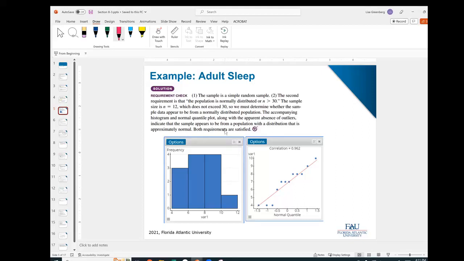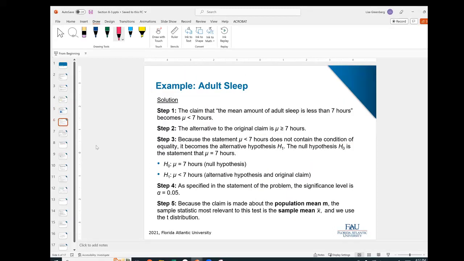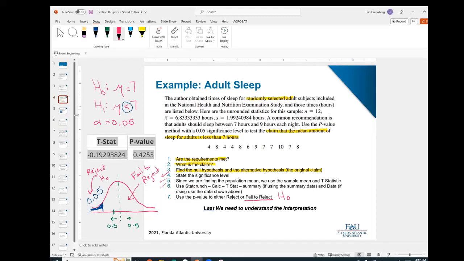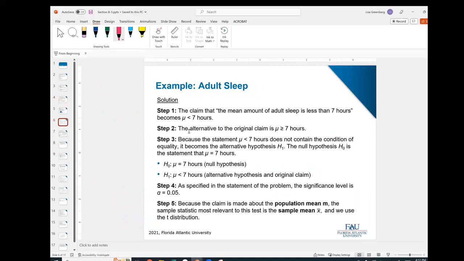This was number one from the last slide. Number two, the claim that the mean amount of sleep is less than 7 hours becomes mu is less than 7 hours. Well, that's what we said. Yeah, mu is less than 7 hours. Step two, the alternative to the original claim is mu is greater than or equal to 7 hours.